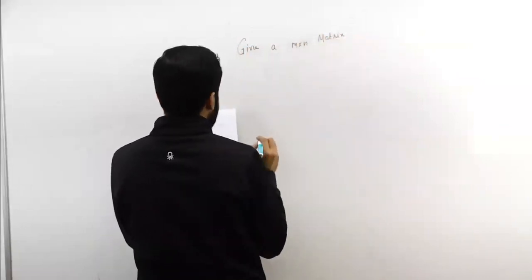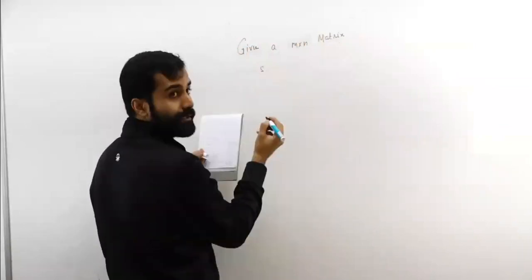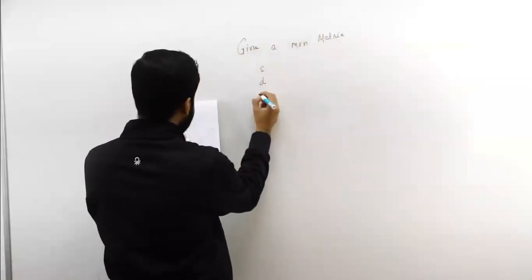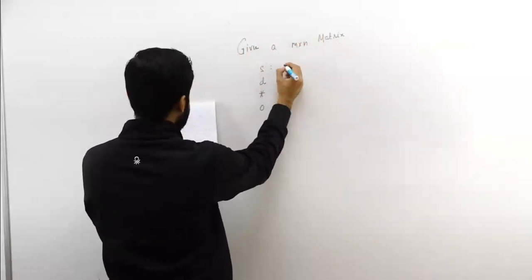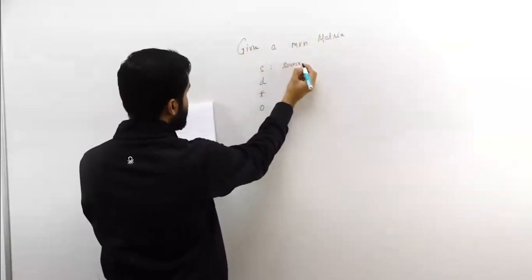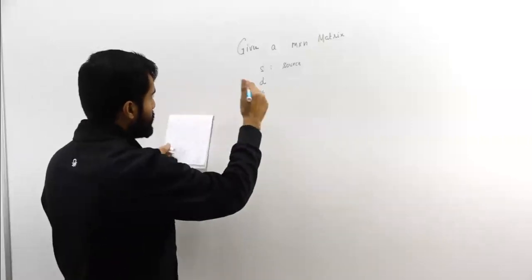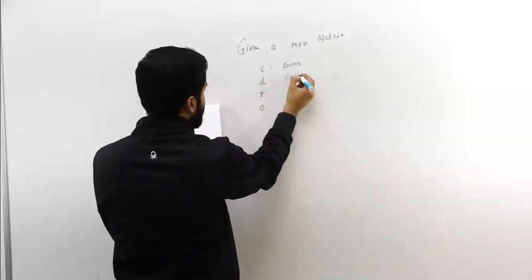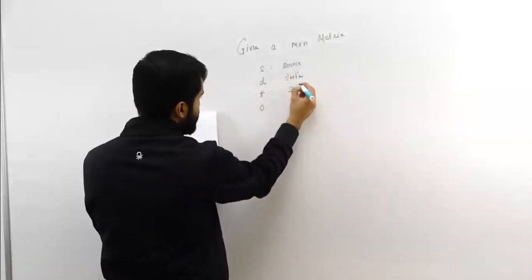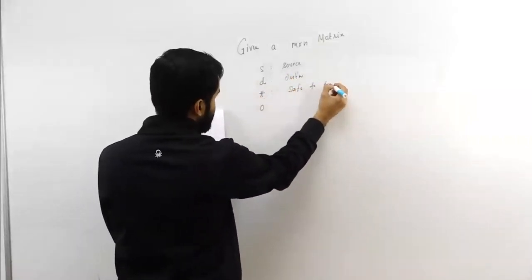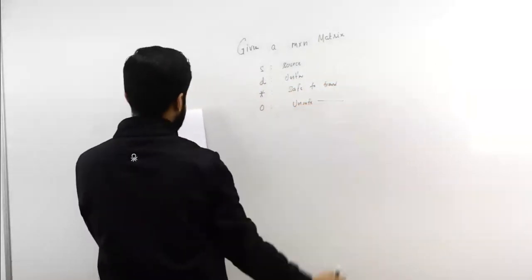In this matrix, the elements could either be S, which is the character S, could be D, could be a star, could be 0. S means source, where you want to start your journey from. D is destination, where you want to go. Star means if a cell has a star, it is safe to travel on that cell. And 0 means that it is unsafe to travel on that cell.